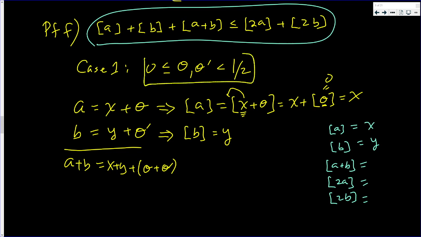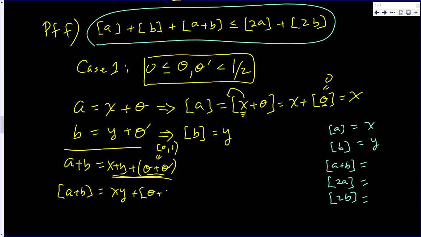But if you add two positive numbers that are both less than a half, you'll get a number between 0 and 1. This here is in between 0 and 1. That means the greatest integer part of this is 0. So the greatest integer of a plus b is equal to the greatest integer of this. But x plus y is an integer, so plus the integer part of theta plus theta prime. But that's 0.